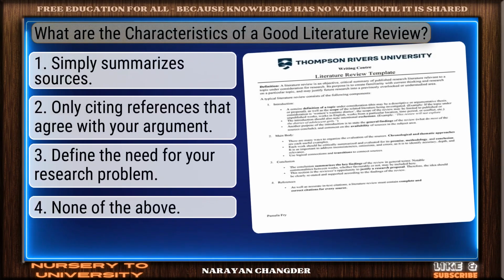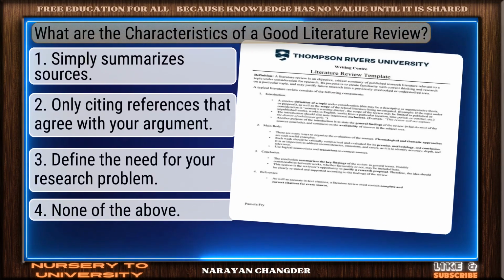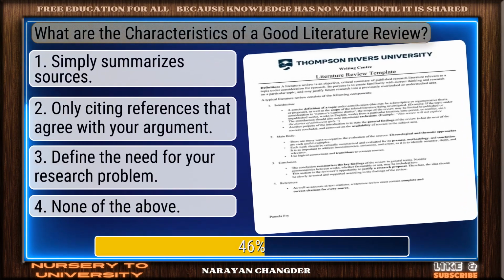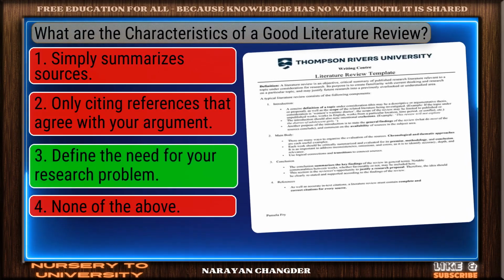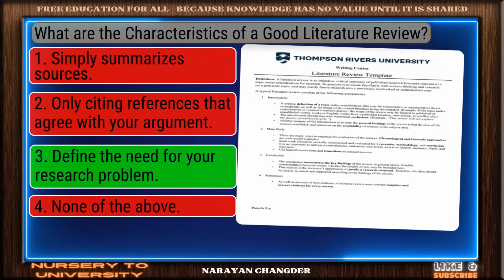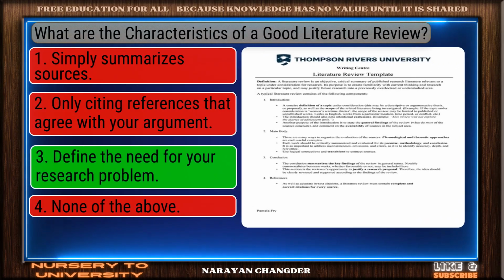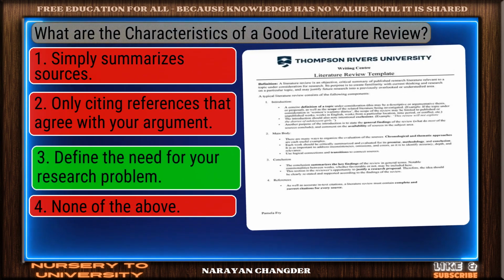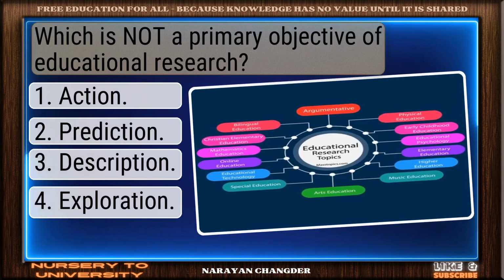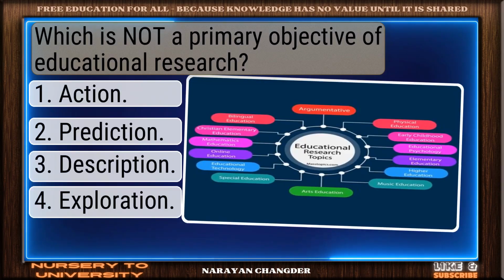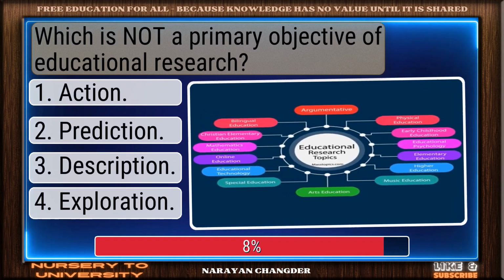What are the characteristics of a good literature review? Excellent. Define the need for your research problem is a brilliant choice, which is not a primary objective of educational research.